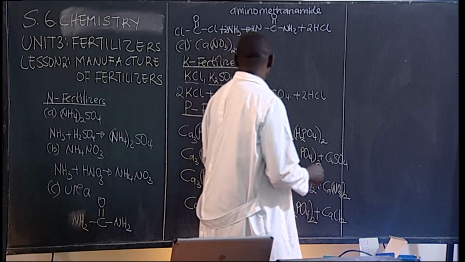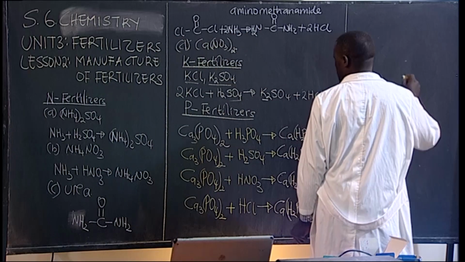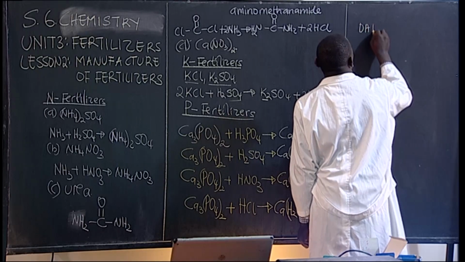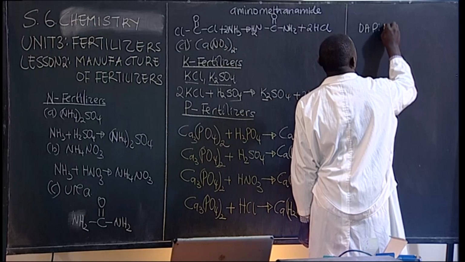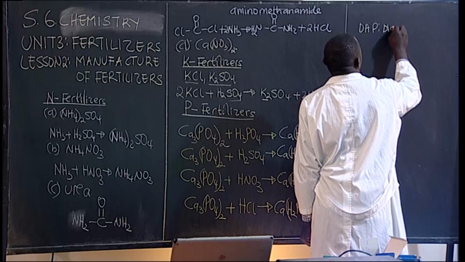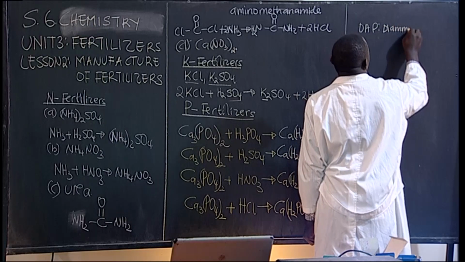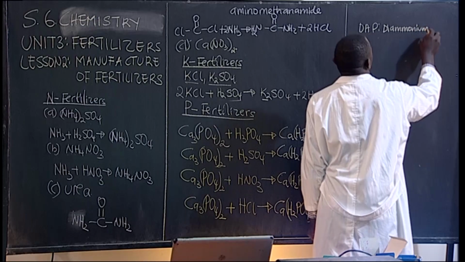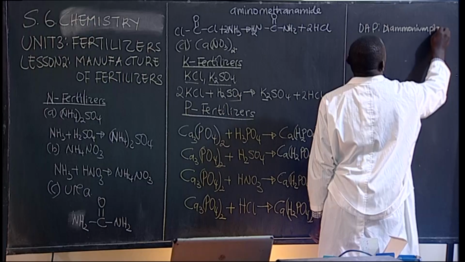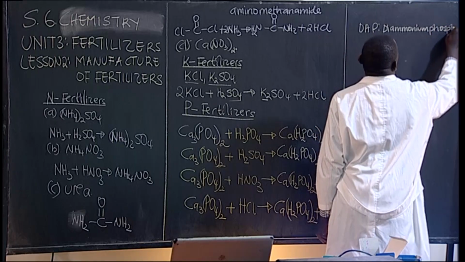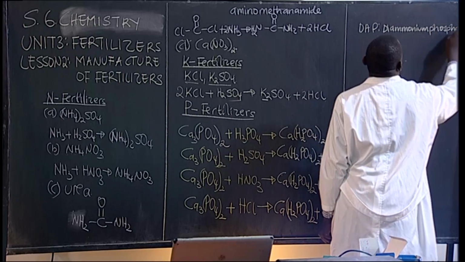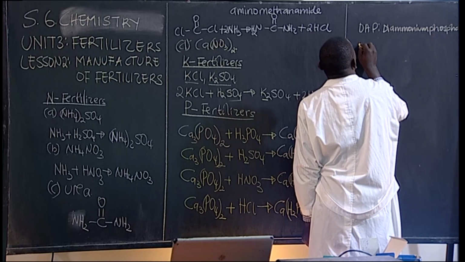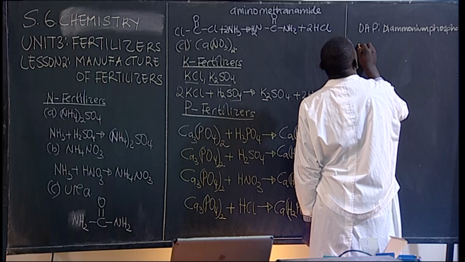Then we can also have another one we normally call DAP, which we call diammonium phosphate, which is actually obtained from the reaction of our ammonia.